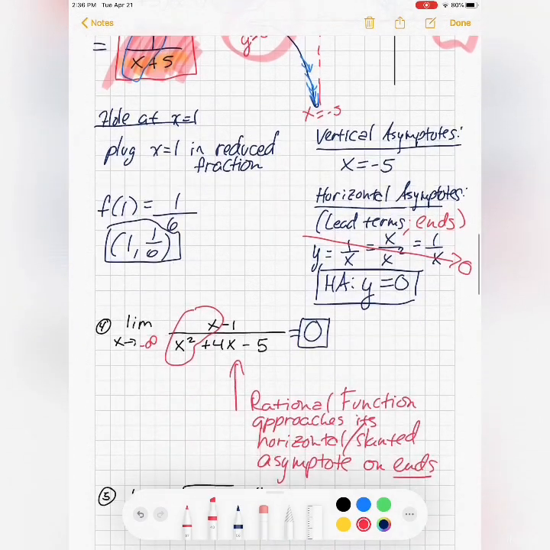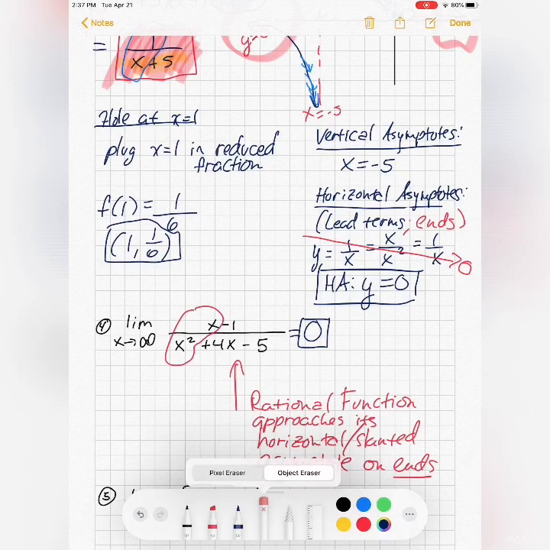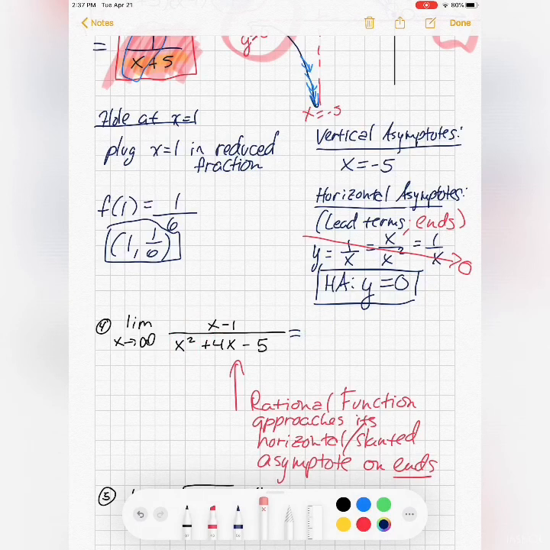Now, I know the answer. I still need to justify that. So how am I going to do that? So let's leave that a positive infinity. So I know the answer is 0.